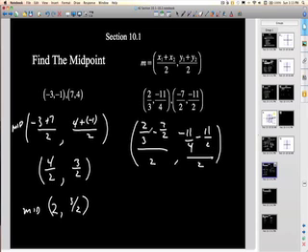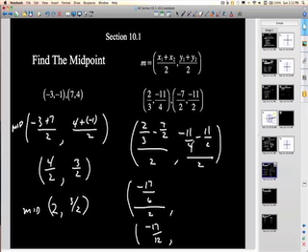Same common denominator, so here I'm going to have 4 sixths minus 21 sixths, that's negative 17 sixths divided by 2. And that's going to become negative 17 twelfths.